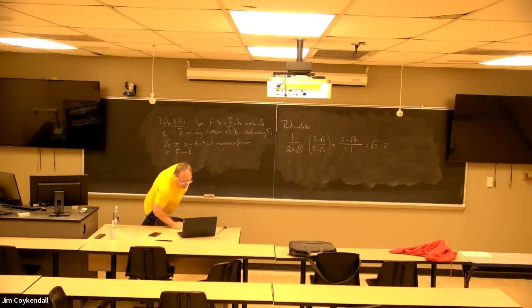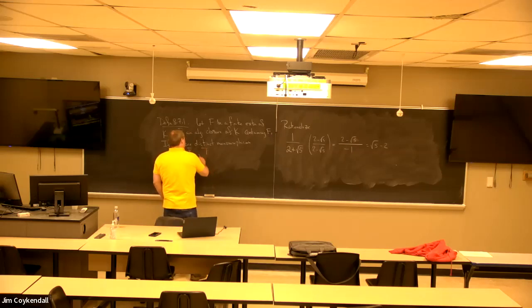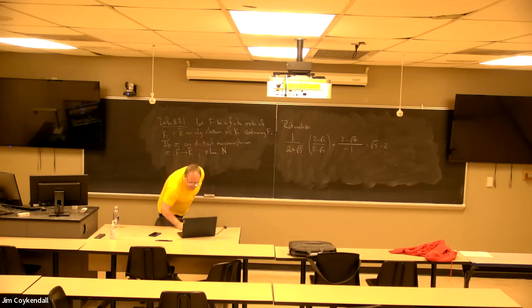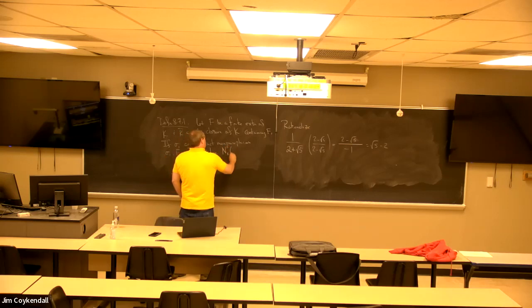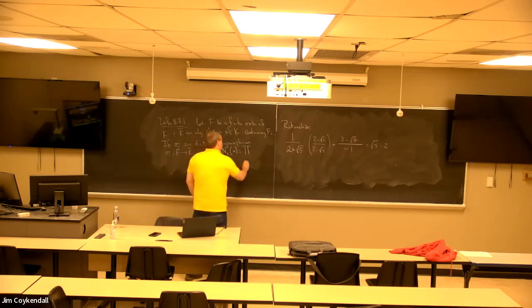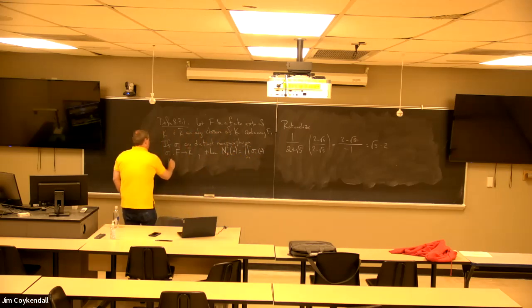then we define the norm of u in F. This is the product over these embeddings, sigma i of u. And this is the norm of u.